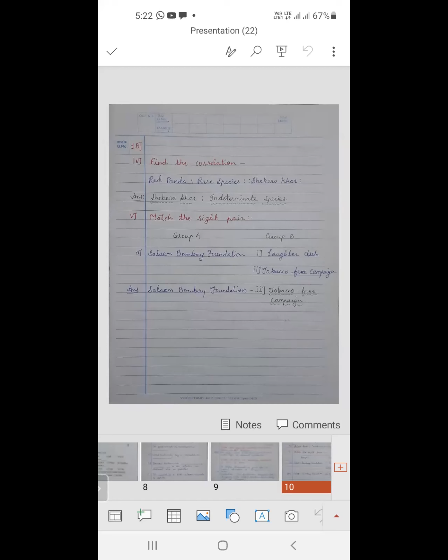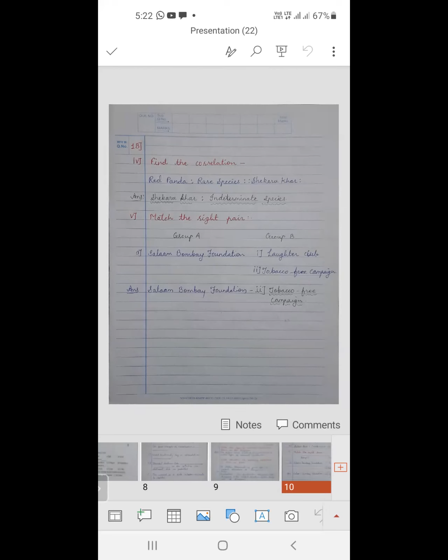Which type of species is this? You have to write the correct option here. The correct option is indeterminate species. So Shekrukar is an indeterminate species.